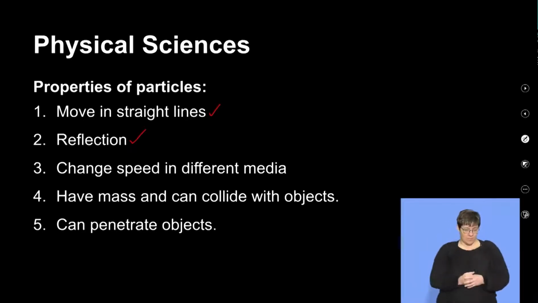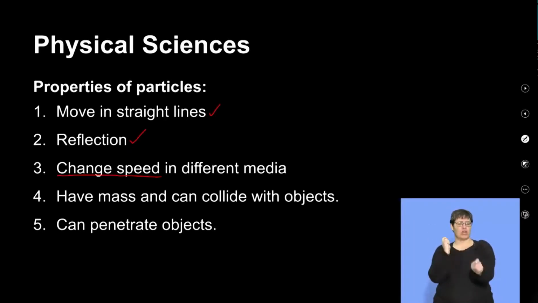But we also have observed that particles are capable of changing their speed when they move through different media. Remember, media is just the plural of medium, all right? So continuing with our tennis ball analogy, the tennis ball will quickly change speed if it hits a surface that is rougher or smoother, all right?